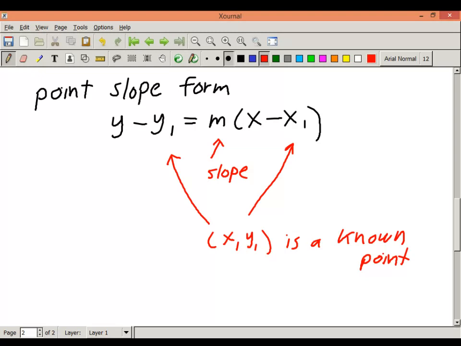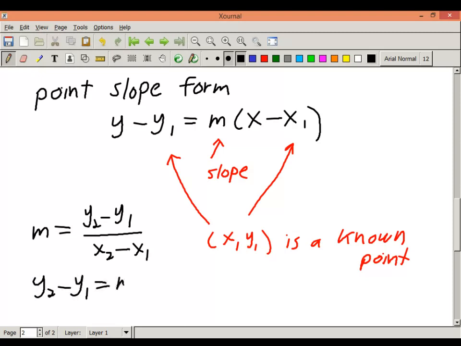Okay, I should probably talk about where this one comes from. So this form comes from the slope equation. So slope equals, remember, y sub 2 minus y sub 1 divided by x sub 2 minus x sub 1. So we use that formula to calculate the slope of a line. So if you just take that and multiply both sides by the denominator, you'll have y sub 2 minus y sub 1 equals m times x sub 2 minus x sub 1.